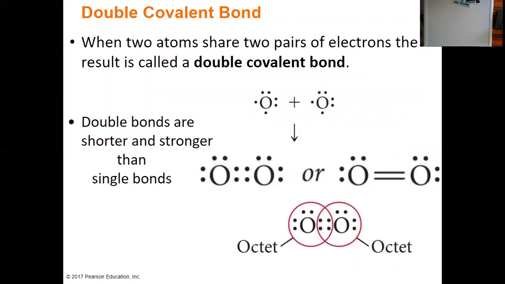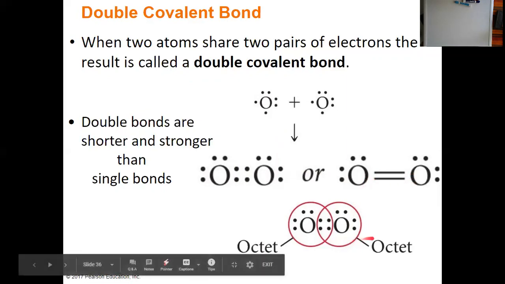When you have 2 atoms that share 2 pairs of electrons, that results in a double bond or a double covalent bond. And each double bond equals 4 electrons, all right? Double bonds are shorter than single bonds, and double bonds are stronger than single bonds. And you can write it as either 4 dots between 2 atoms, or this is when it starts to get less messy to use lines to represent pairs of electrons.